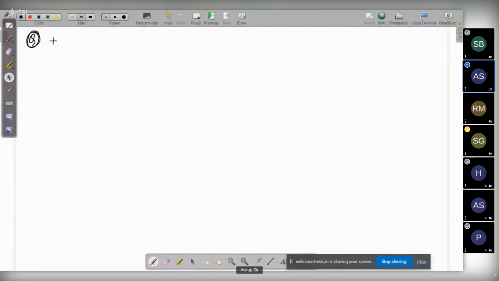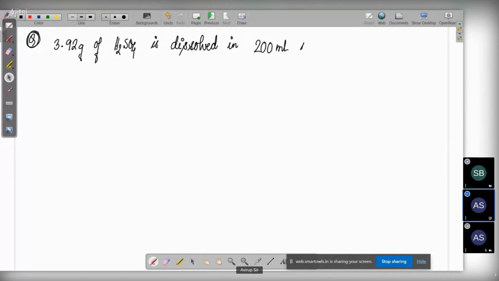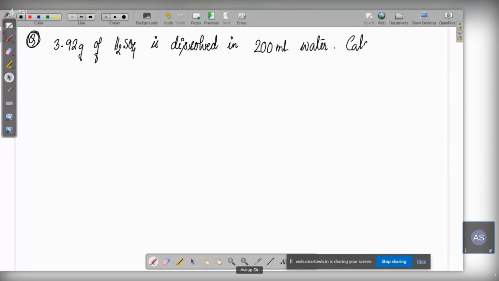Calculate the molarity of the solution when 3.92 grams of sulfuric acid is dissolved in 200 ml water.